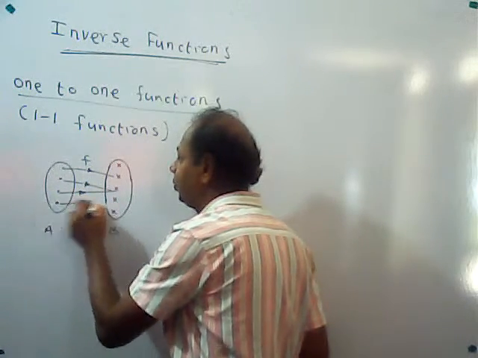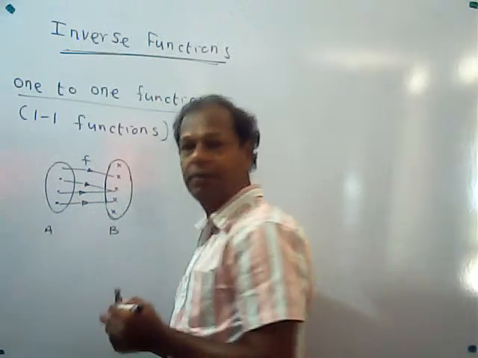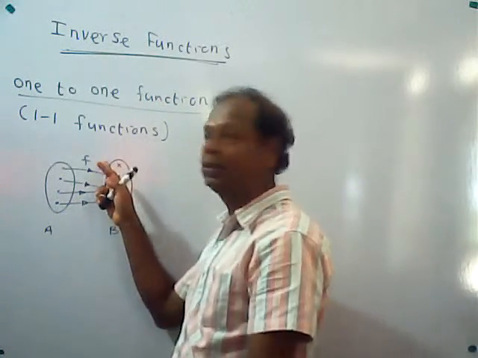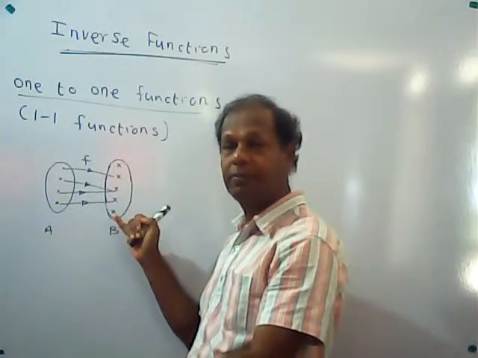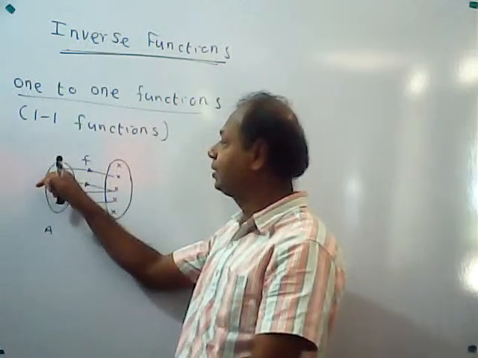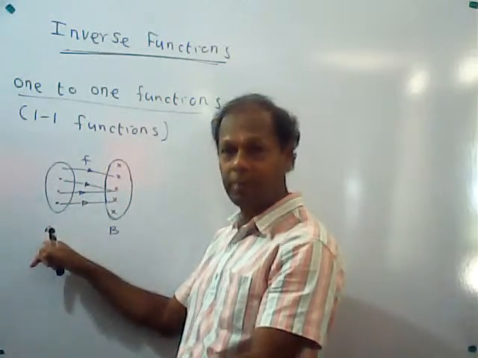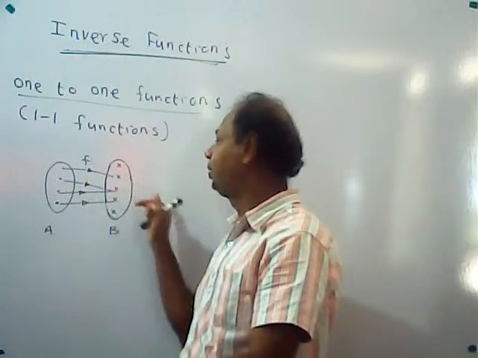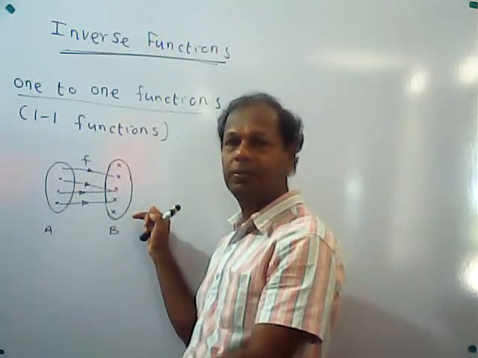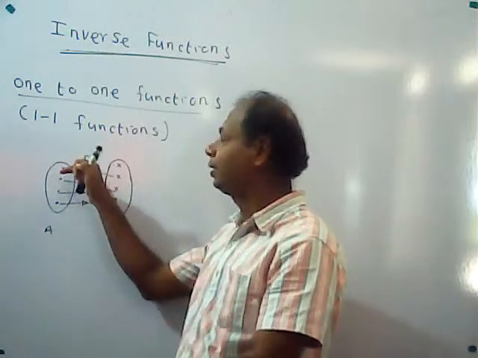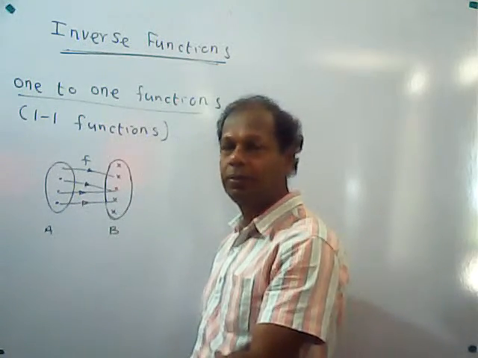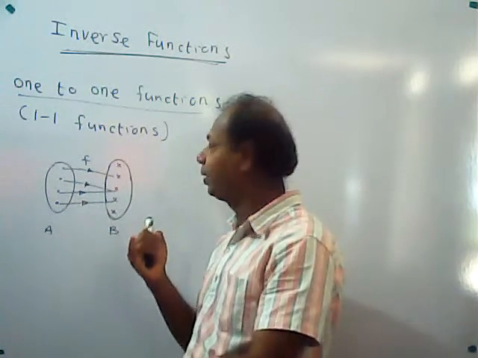We said under 2 conditions, it is a function. The 2 conditions that we introduced at the very beginning were: each and every element of this domain should be connected to some element in the codomain via the rule F. That's rule number 1.